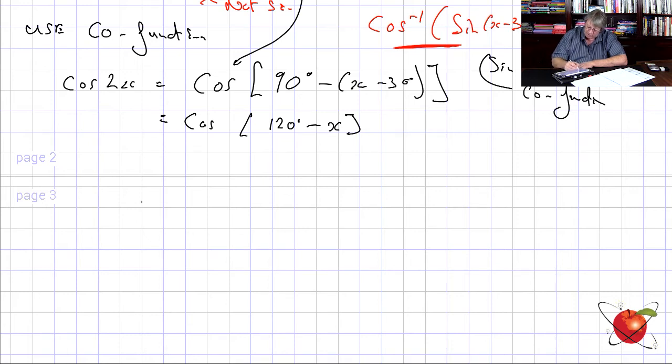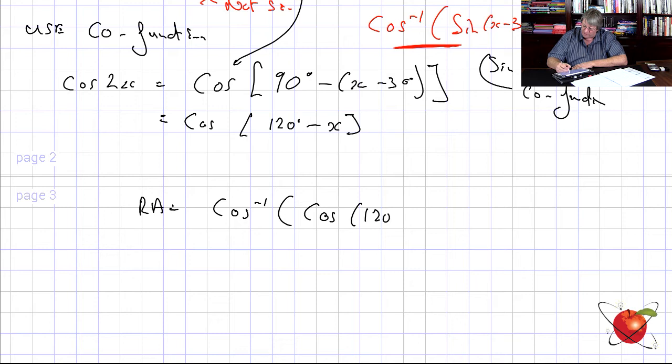Now I can take the reference angle, which is going to be inverse cos of 120 minus x, right? Which is going to be what? The cos of the inverse cos is 120 degrees minus x. All right, that's my reference angle.